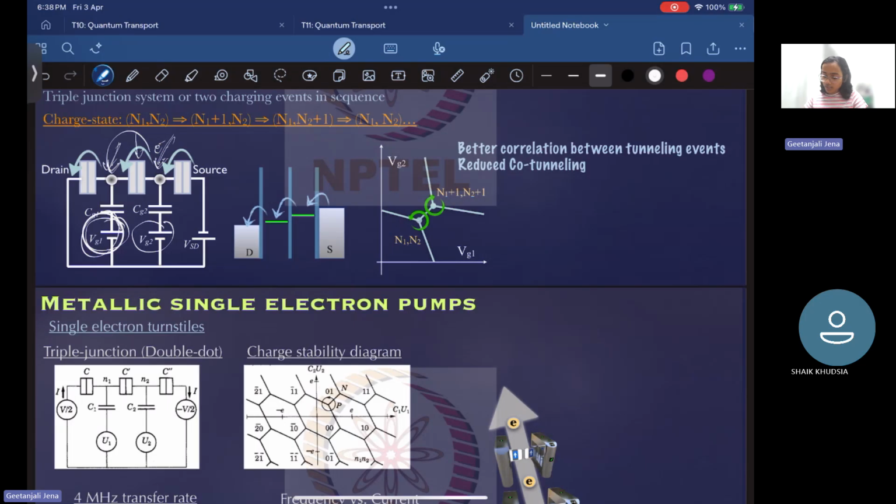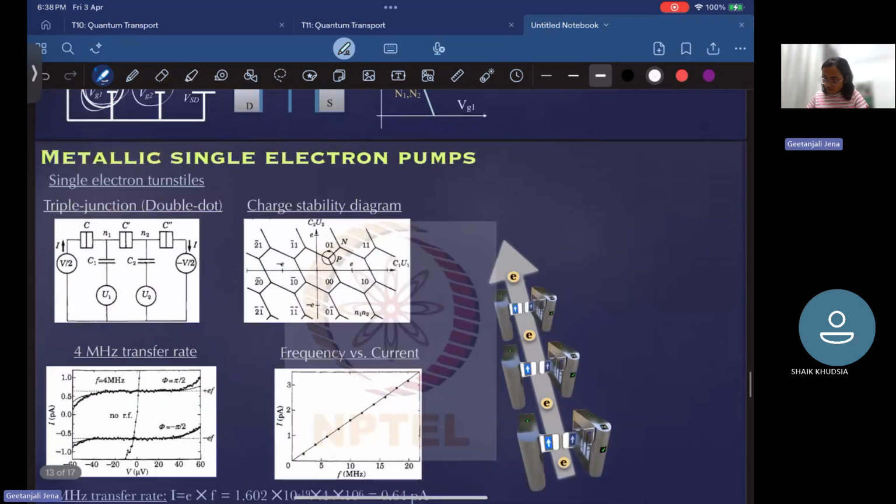So in this way you can tunnel this electron in a step-like manner. And for this double quantum dot, if you recall, we get a hexagonal pattern of this charge stability diagram.